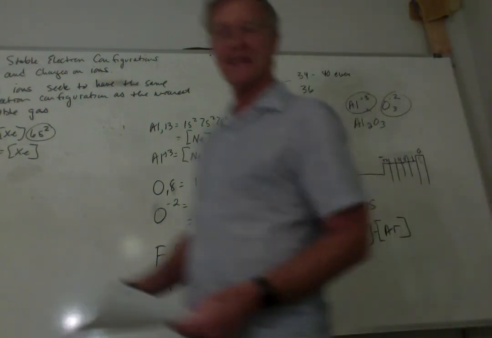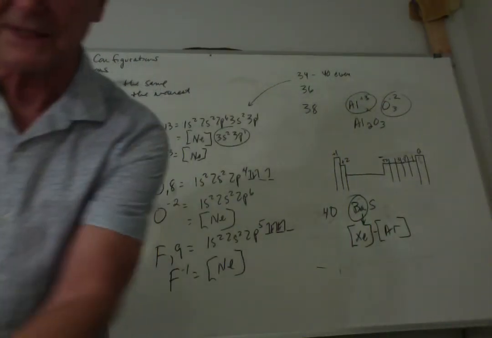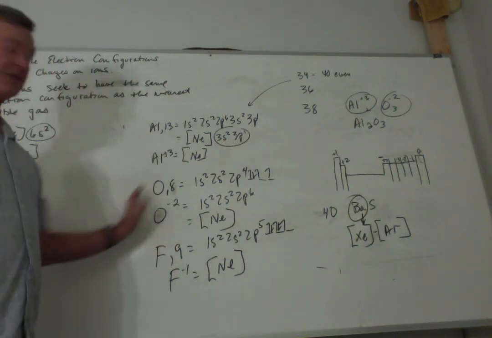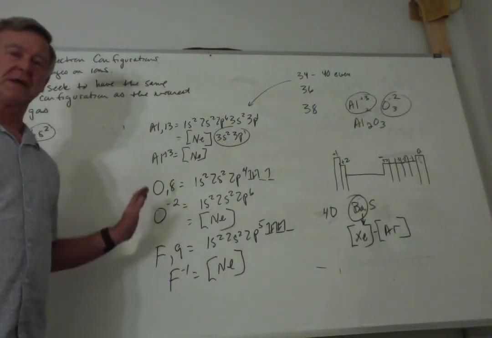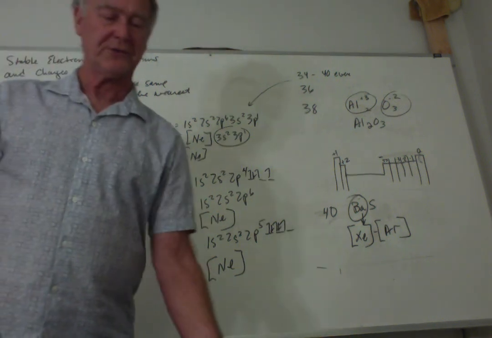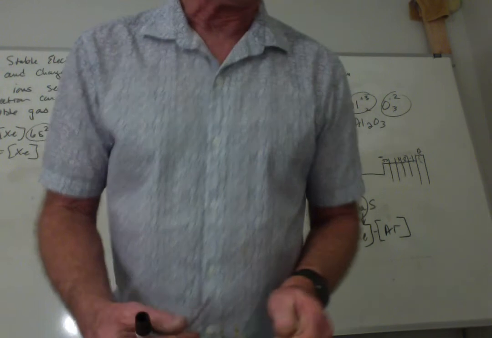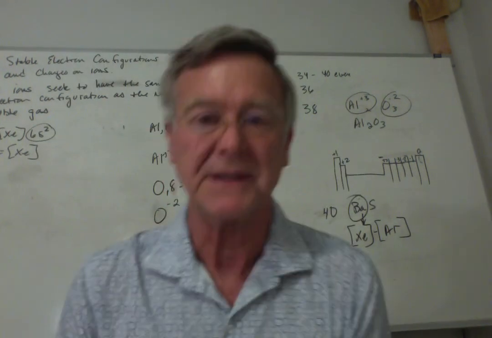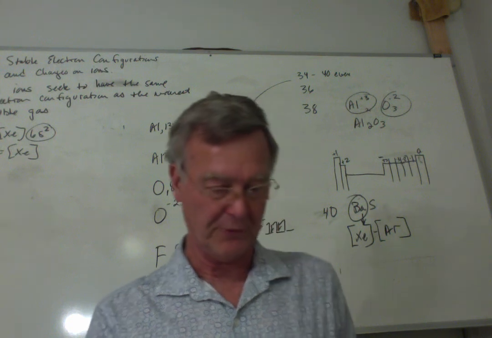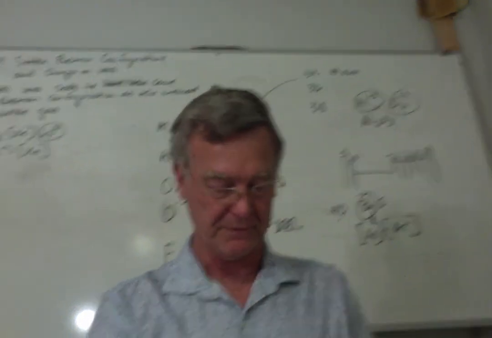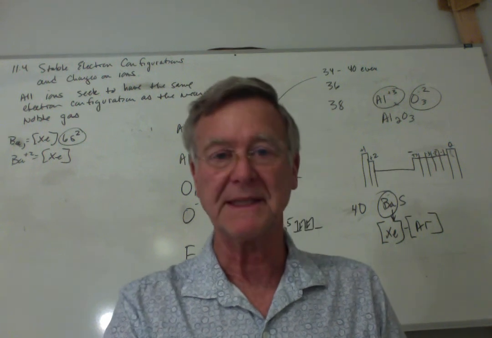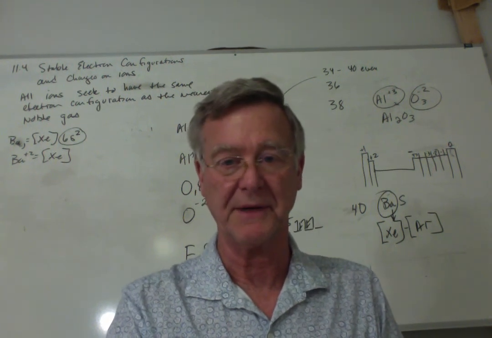And that's the idea. The ionic compounds will always end up where you have a noble gas configuration for both elements in there. So read through section 11.4, and look at some of those problems. And you are going to do for me 34 through 40. A fairly simple assignment when you start working on it, I think you're going to find.